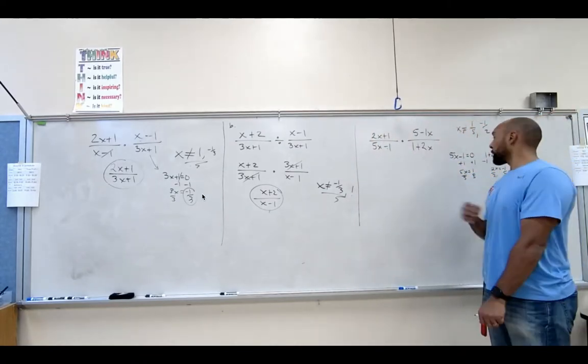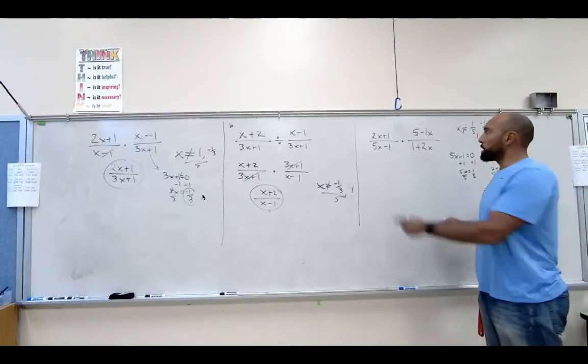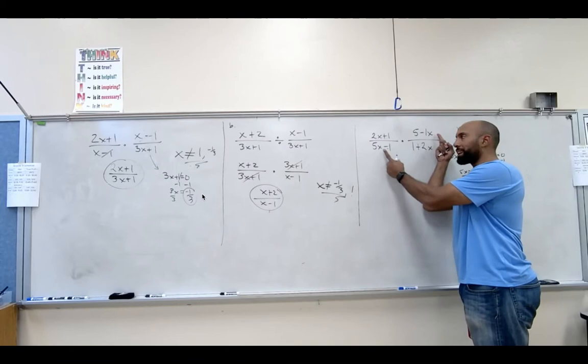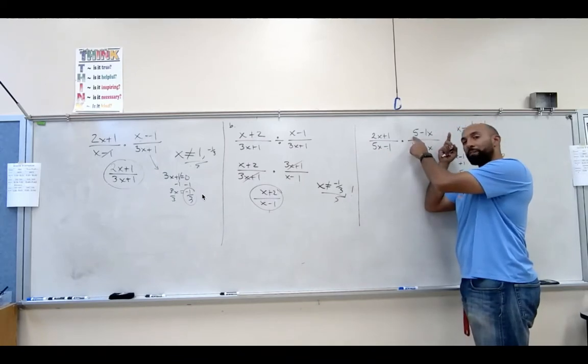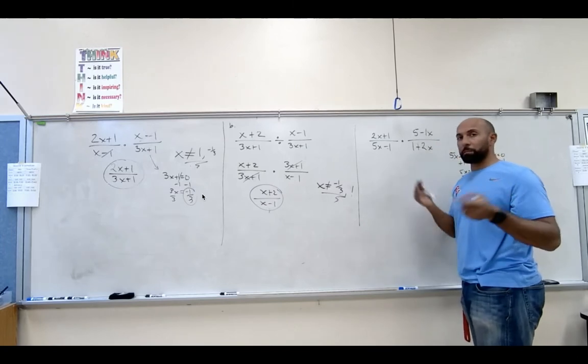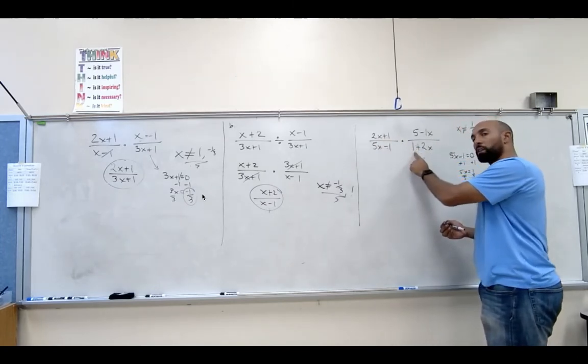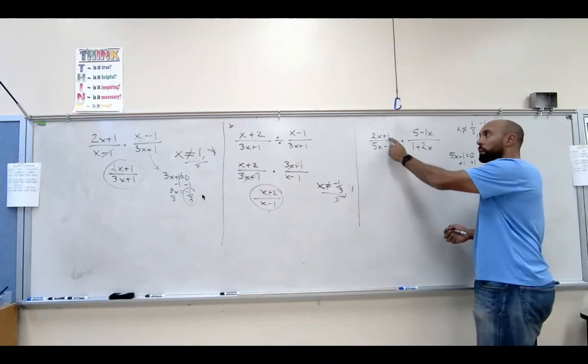Okay, so now I got my excluded values. Now what are common factors? These look the same, but notice it's 5x and 5. That's not a like term. And 1 and 1x, those are not the same, so those don't cancel. Here I have 2x, and even though there's a 1 there, look, I have 2x there. Here I have 1 there.